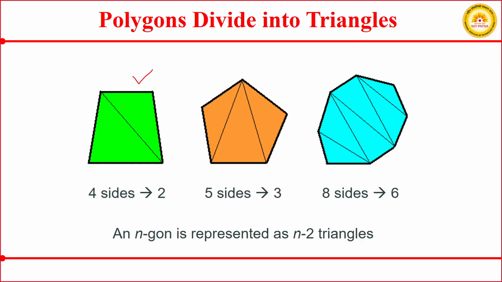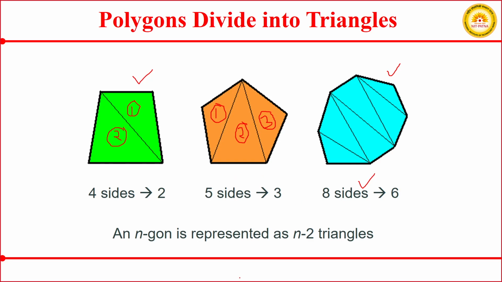The surface having four sides has been divided into two triangles. Similarly, a surface represented by five sides, 1, 2, 3, 4, 5, can be divided into a minimum of 3 triangles. Similarly, for a surface with 8 sides, the minimum number of triangles needed to represent it will be 6: 1, 2, 3, 4, 5, and 6.